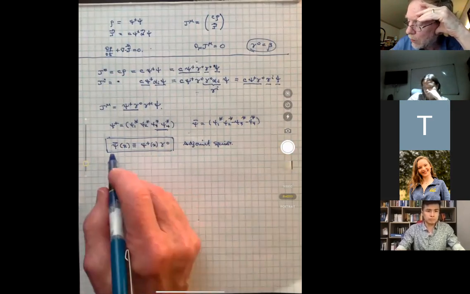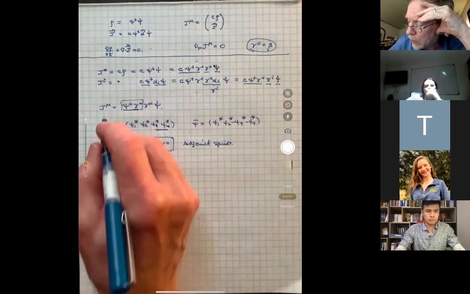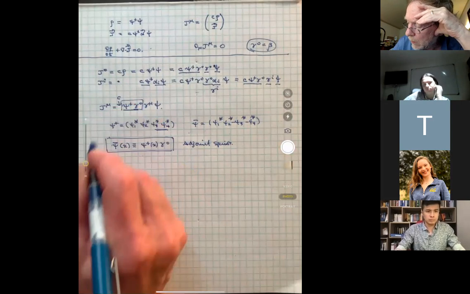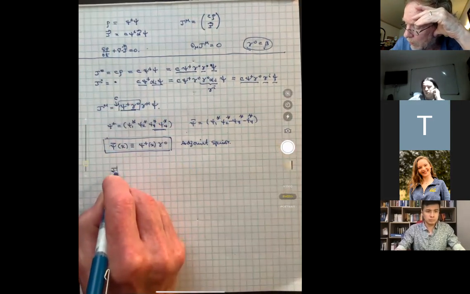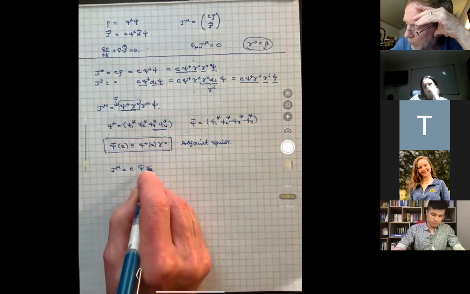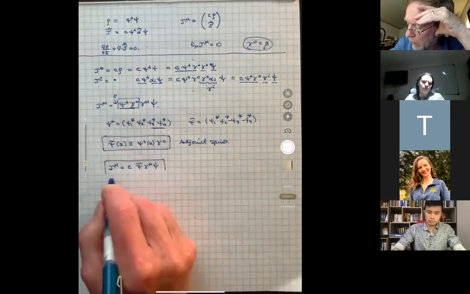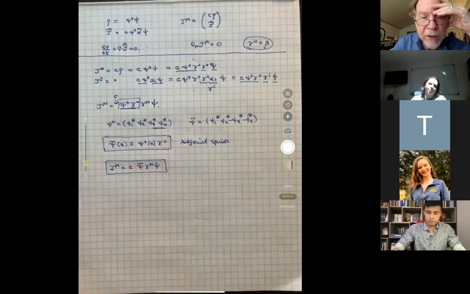All right, using this abbreviation for the psi dagger gamma 0 which appears in the current J, there should have been a factor of c in there, we obtain the following expression: the current J^mu is equal to the speed of light times psi bar gamma^mu psi, like so. It's psi bar and psi sandwiched around the gamma matrices.